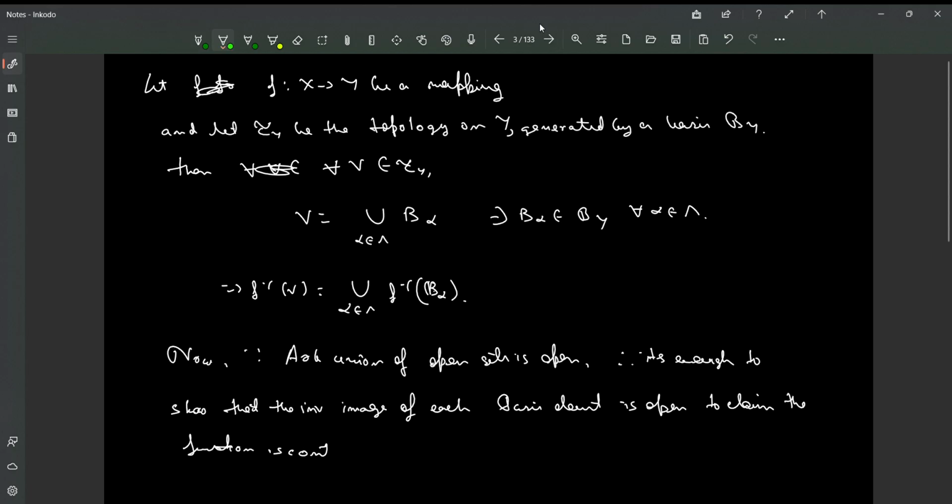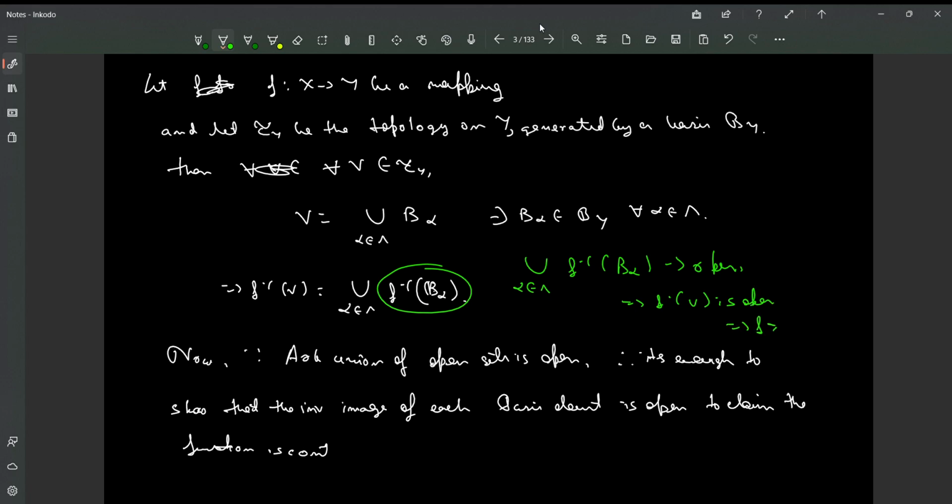I guess it's pretty trivial to observe, because if each basis element is open, that is, if f inverse B alpha is open, then their union over an arbitrary indexing set is also open. But if this is open, then that implies f inverse V is open. If f inverse V is open, then that implies f is continuous. So it's quite obvious, right? Is it clear?